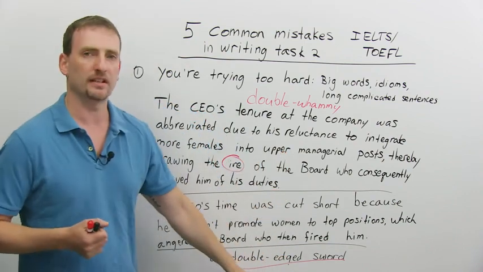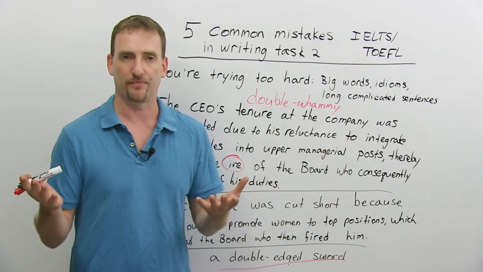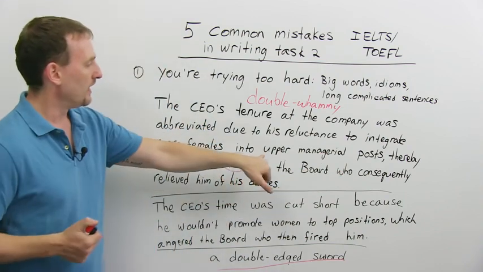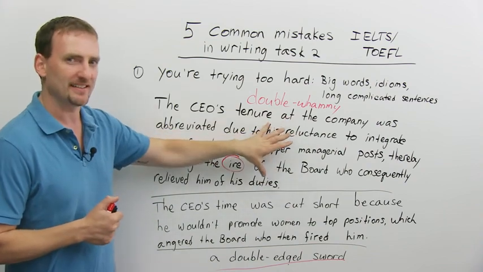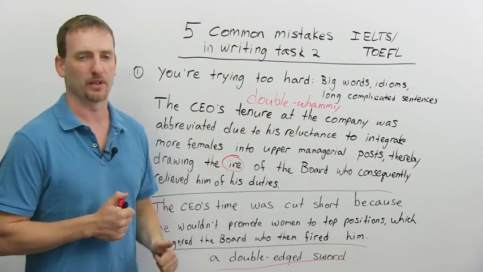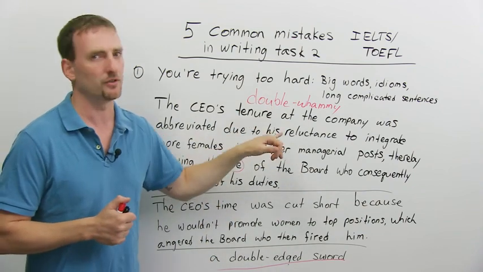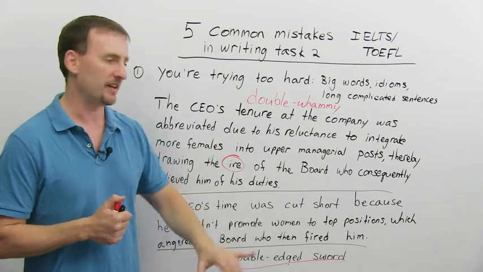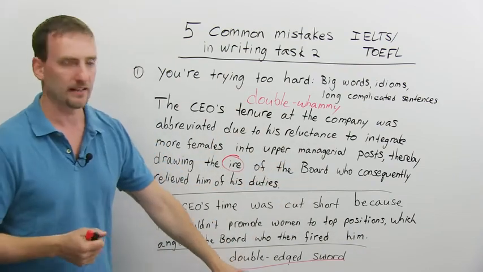So if you're going to use this idiom, you better explain to the reader what is the positive, what is the negative. Okay? So this sentence is a double-edged sword. If you can write it like this, then yeah, you're getting a bonus point. But on the other side of it, if you make any mistakes in it, you're losing points. So be very careful with vocabulary, extra words that you don't need, and idioms.